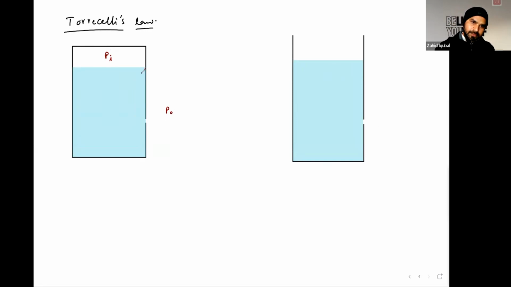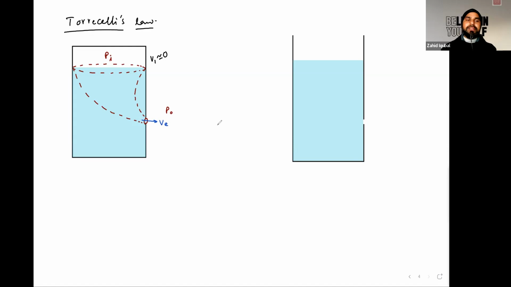So if you assume this particular part to be in the form of a tube, like this, whose one of the cross sections is at this point, at this point. So velocity of liquid at this instant will be approximately 0, since it is very large as compared to this part. So we may define only the velocity of ejecting liquid at this point, which is called velocity of efflux.